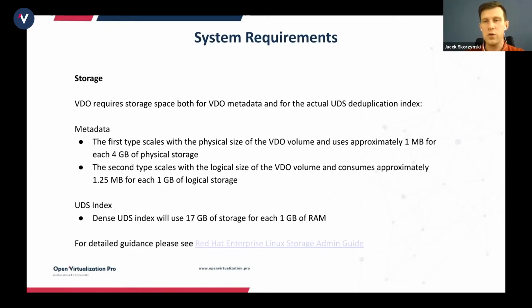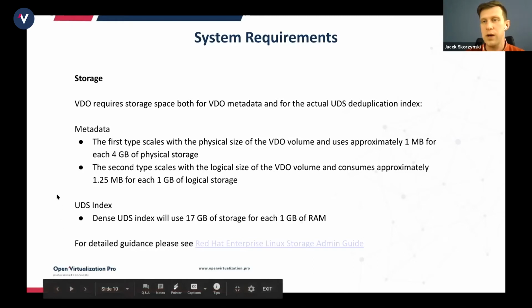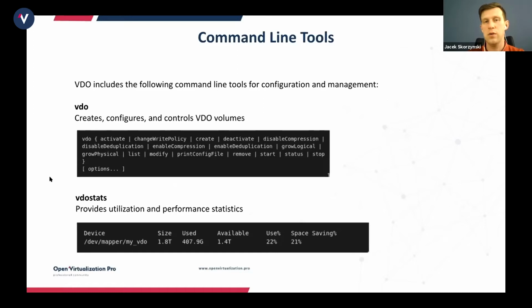For those of you who would like to get more details about the storage requirements, I really encourage you to go to the Red Hat Enterprise Linux storage admin guide, where you've got plenty of scenarios and different numbers to compare, because it will vary depending on how big your volume is going to be. It will vary, and your UDS index will be bigger or smaller.